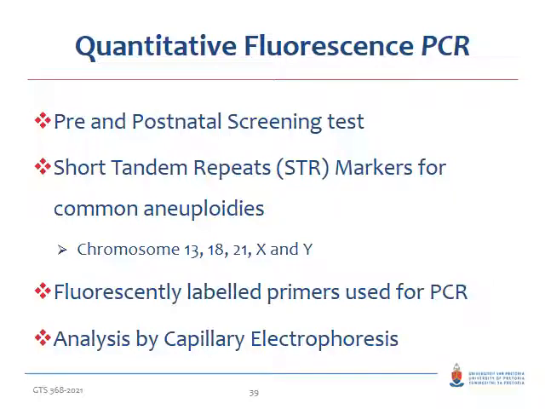That is chromosome 13, 18, 21, the X and the Y chromosome. So primers are then fluorescently labeled and analyzed by capillary electrophoresis.